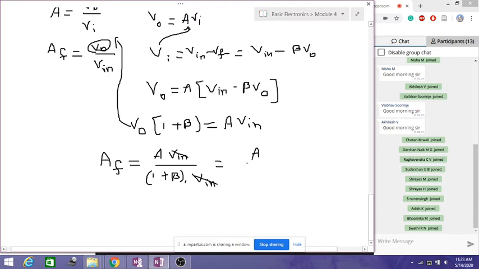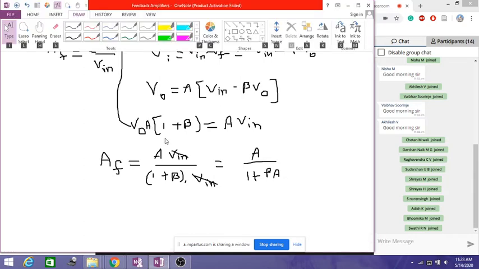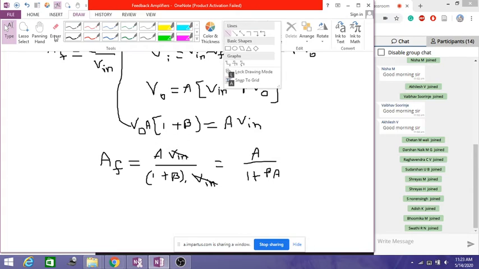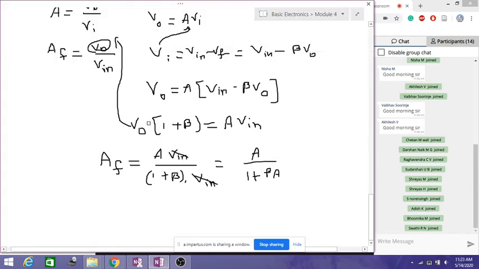Then finally the overall feedback is given as the gain of the amplifier divided by 1 plus beta into A. Sorry, I have forgotten one term here. This A is not here, because when we multiply here and take it onto the left side, we will get this.